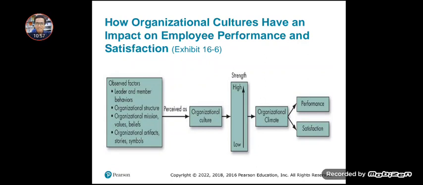How organizational cultures have an impact on employee performance and satisfaction is depicted in exhibit 16.6. You can see the sequence in the flow diagram, started with various observations and so on until the last point in the exhibit, which are performance and satisfaction level.